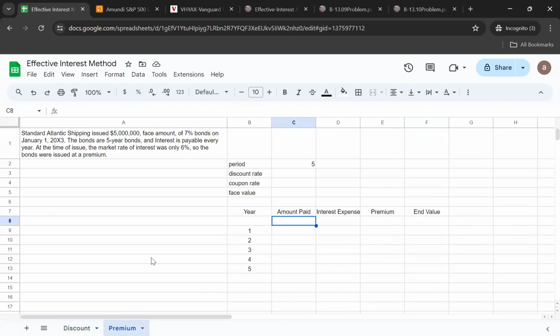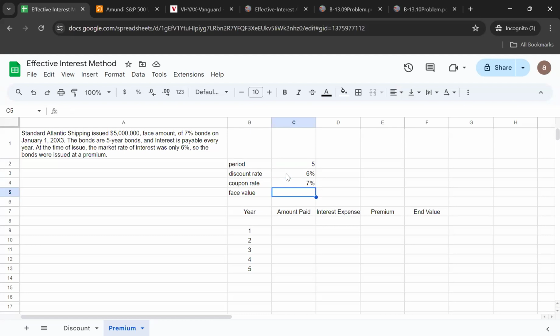Now we will move on to discuss the premium problem. So what is premium? The last one was discount. This one is premium. Why is it premium? You would question that, right? I have already explained this. You should compare the discount rate and the coupon rate. The discount rate here is still 6%, but the coupon rate is 7%, which means that if I lend someone money at 7% and the market is paying me 6%, I'm earning 1% extra here.